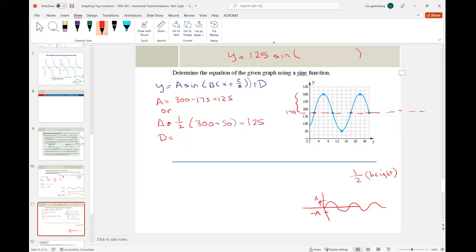So that means that that should be on the x-axis if we didn't shift it. Isn't that true? Yeah. So our vertical shift is 175. Does that make sense?